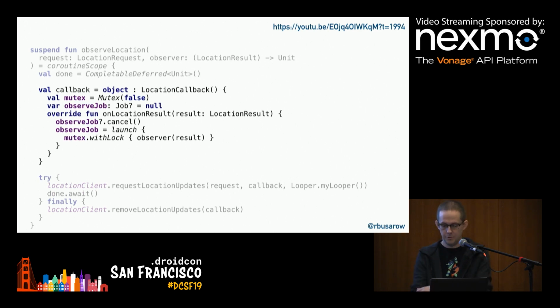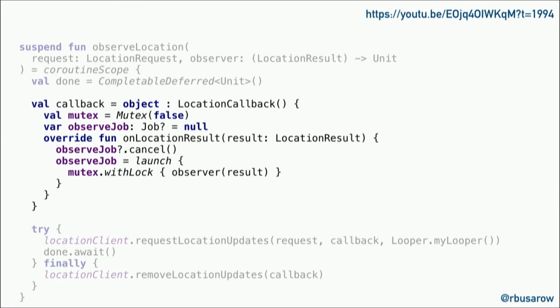So then in the middle, we're doing something a little different. It's pretty dense, but we've got this job which is nullable, and every time we have a location update, we check to see if that job is null, and if it isn't, we're going to cancel it. And then we set that job to be a new job wherein we invoke that lambda with the location update.